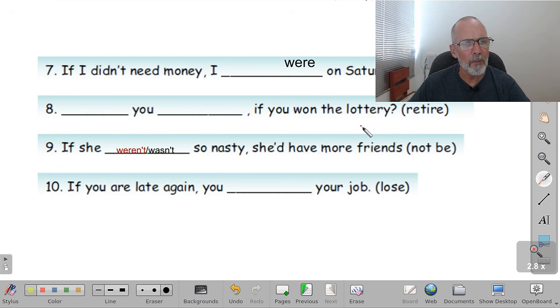But I think it's more common for people to say if she wasn't so nasty. It's more common, it seems to me, for native speakers to use wasn't when the subject is she, and less common when the subject is I. This one here actually is wrong because I moved this, so let's get rid of that so people don't get confused. But I think it sounds better to say if she weren't so nasty, she'd have more friends.